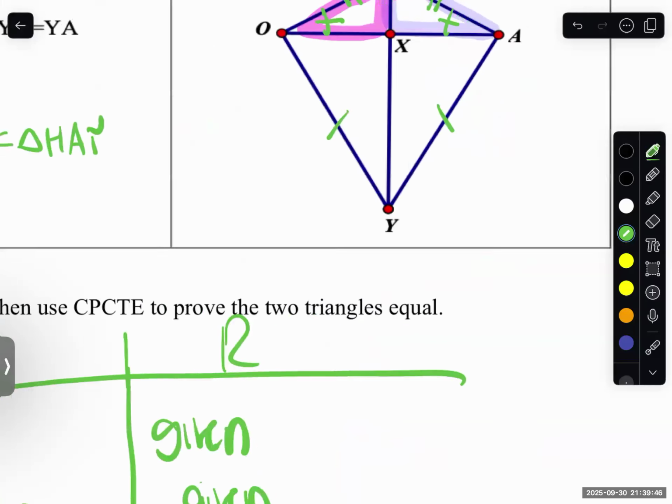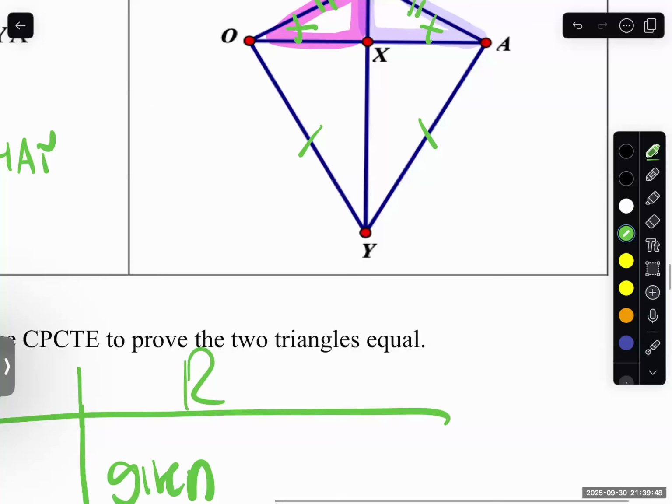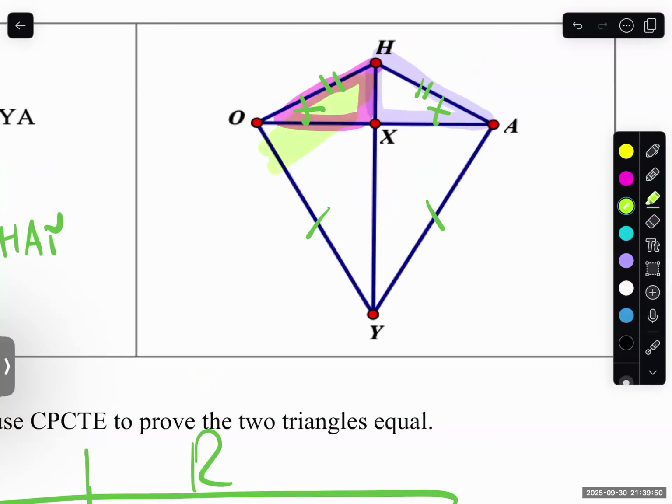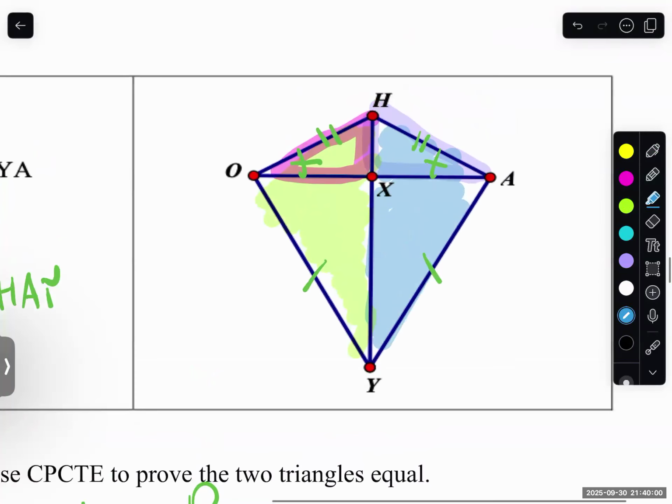So again, let's go up and I'll shade those in so we can kind of see it. Here's the first one. And then here is the second one. We just proved that the blue is equal to the green. Now, if you look at this, although this full triangle is not fully inside the other one, so we can't just CPCTE the whole triangle, what I can do is, if you notice, these sides are in that larger triangle.